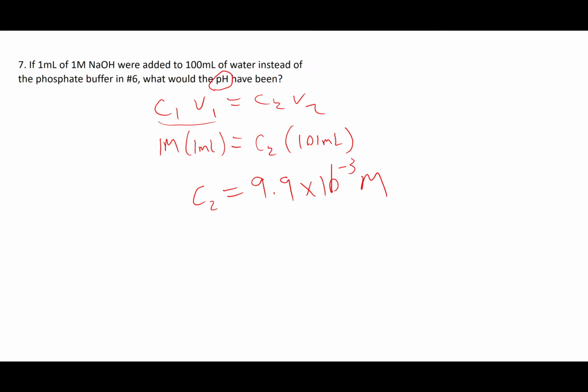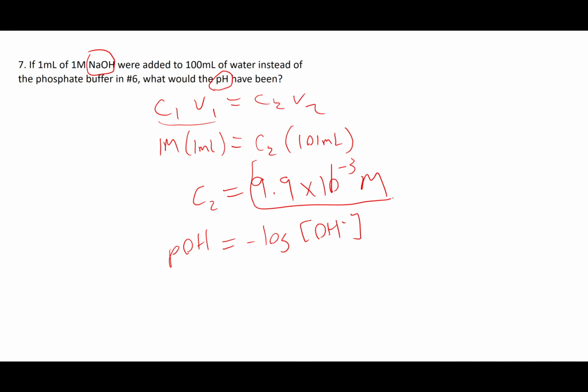All right, now, so this is the concentration of our sodium hydroxide, or just hydroxide, since we assume strong bases fully dissociate in water. All right, well, what does this allow us to calculate? Well, pOH is equal to the negative log of our hydroxide concentration, right?